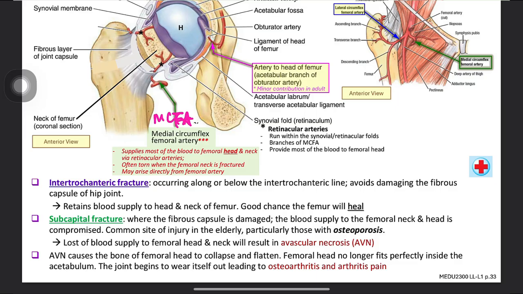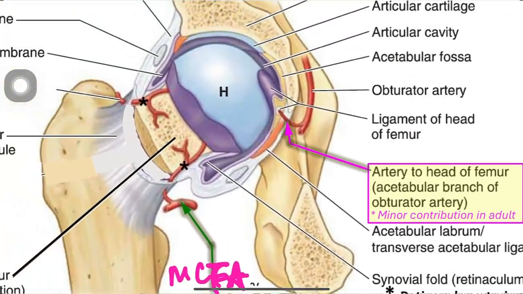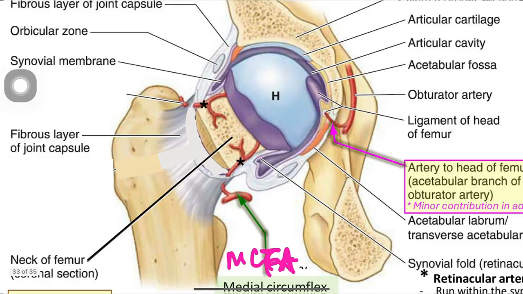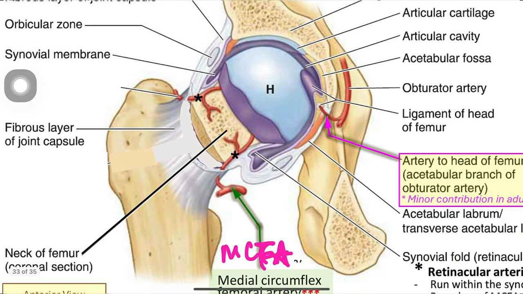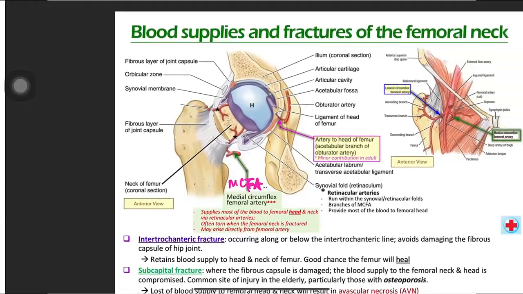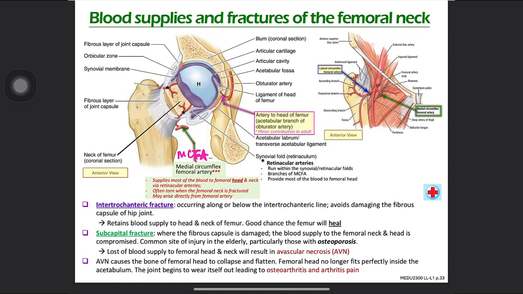What if we have another one, which is called the subcapital fracture, like this one? What if the fracture is on this side, right? You cut off the retinacular arteries, so the MCFA can no longer supply blood to the femoral head.